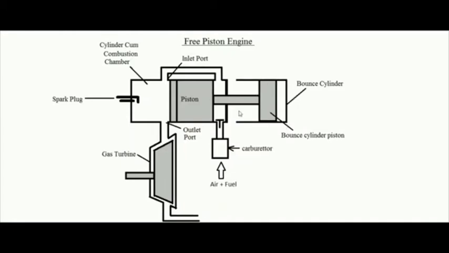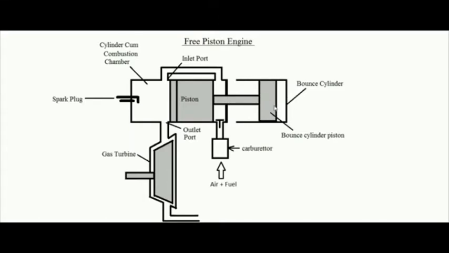In case that air is compressed by the piston, it stores the energy given by the piston to the air in the form of pressure energy of air. So in case air is pressed inside, it acts as a spring, storing whatever energy is delivered by the bounce cylinder piston to the air.